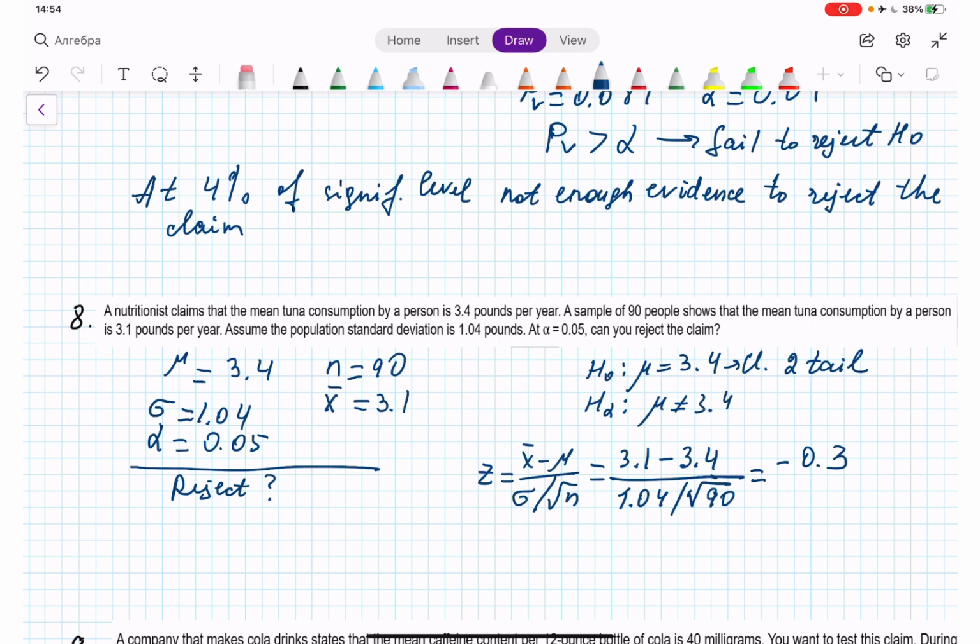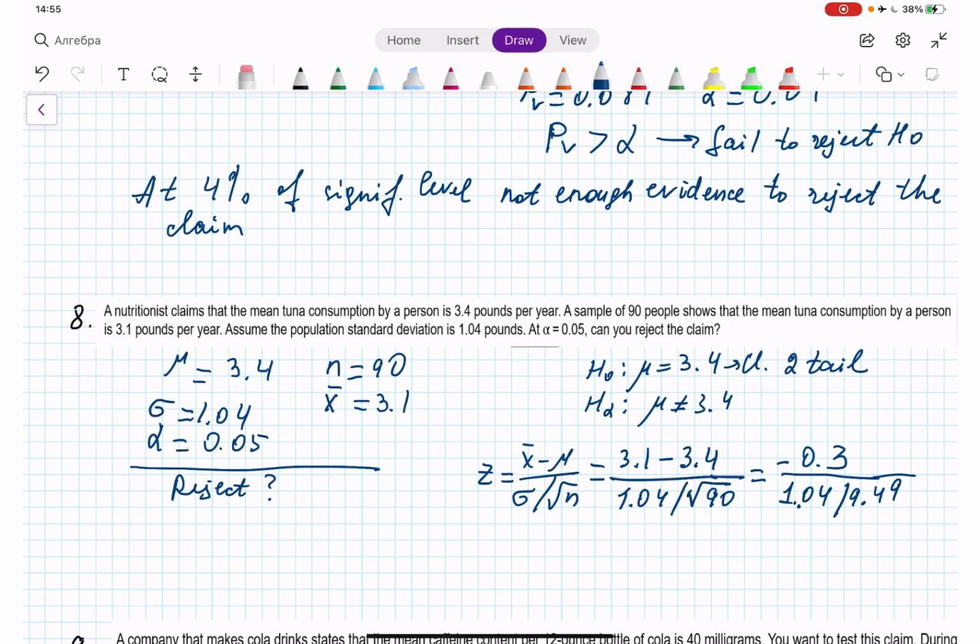Then 1.04 divided by 9.49 is equal to 0.11.